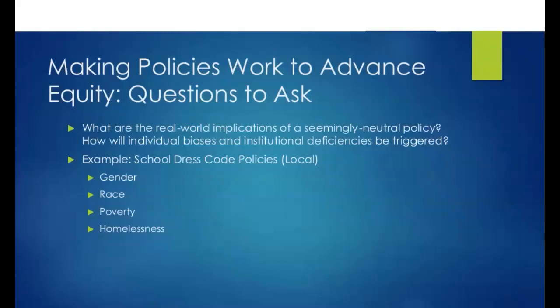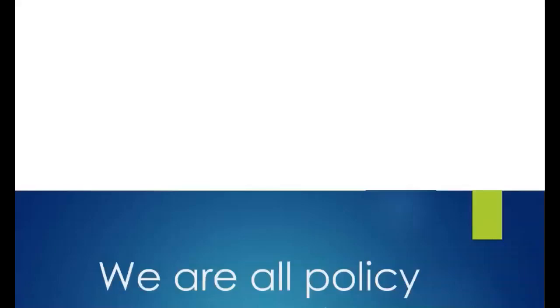And so there were a number of student groups that were targeted by this policy, and once that was really uncovered and brought forward, there was a meaningful policy change. And so those are just three examples of types of questions to ask when we think about policies and when we really and truly want to consider equity in our policy work.